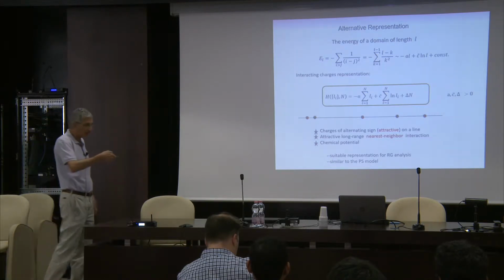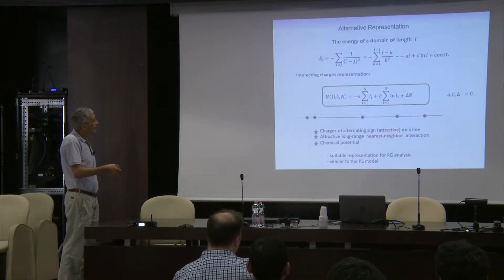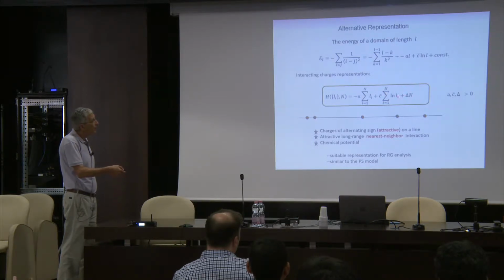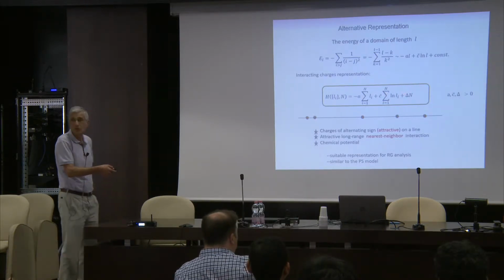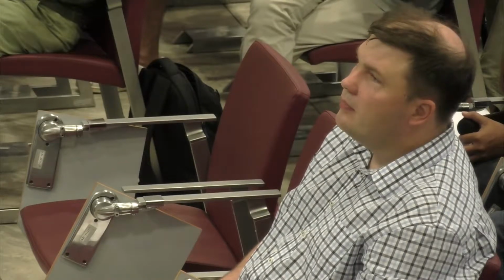It's a series of domains. And then the energy is just the sum over Li, and there is a logarithmic part, log of Li. And there is a chemical potential, where n is the number of domains, because that's also a variable.